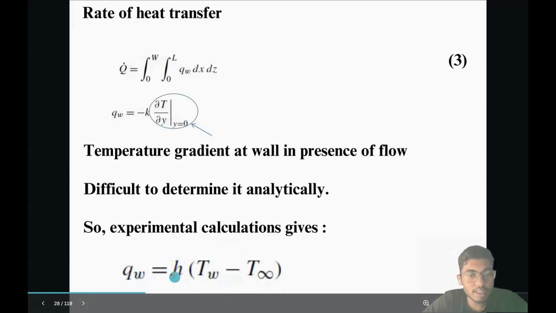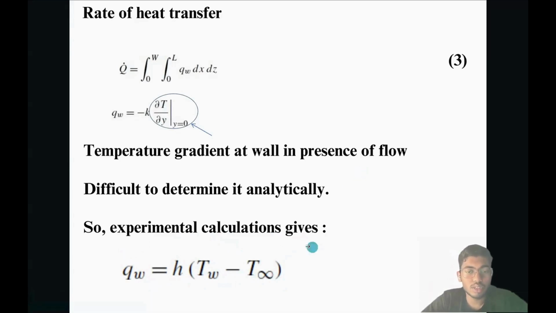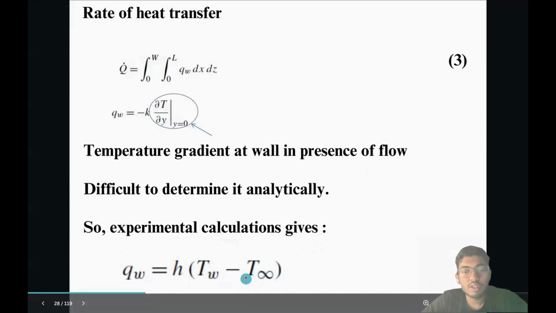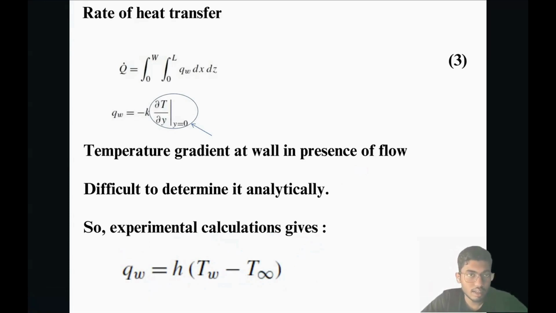So QW is equal to H into TW minus T infinity. This is an experimental conclusion, not analytical. So we will use this equation to move forward in our calculation for rate of heat transfer.